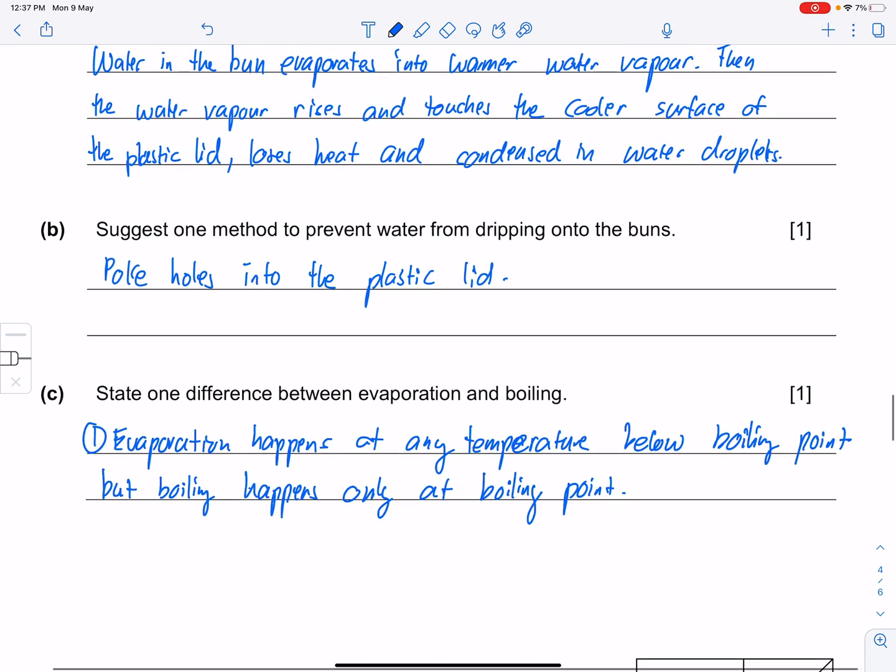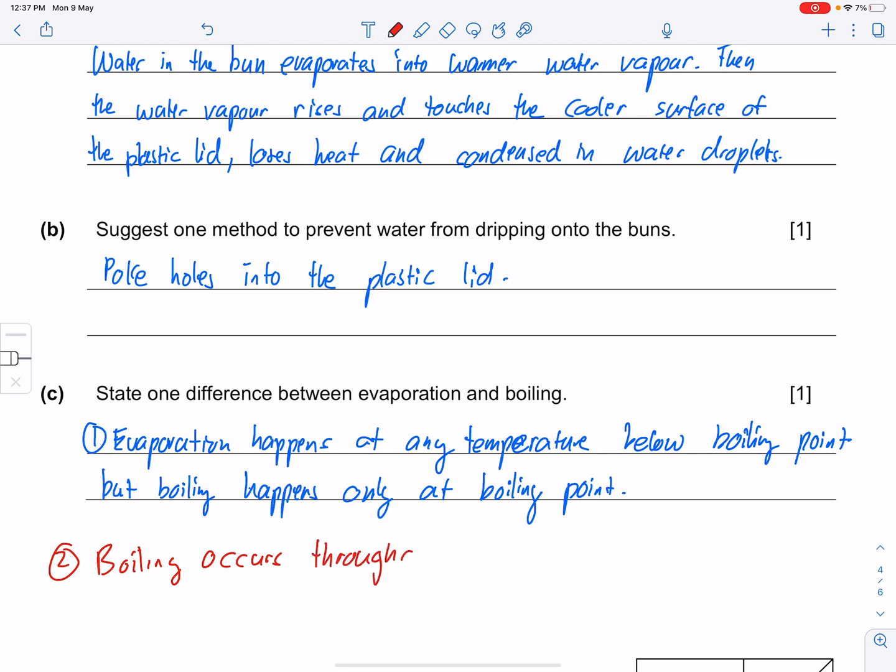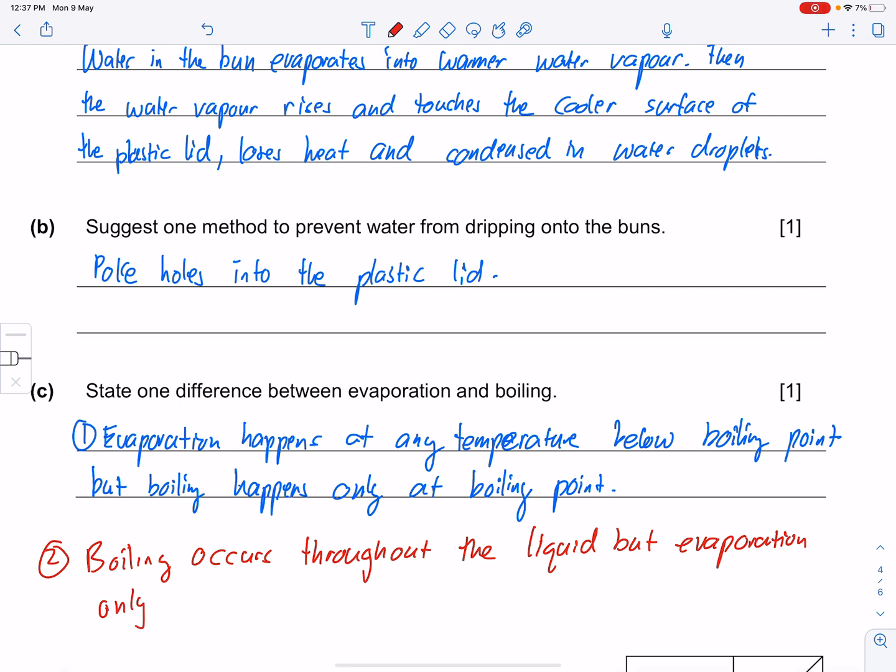Now a second answer would be that boiling occurs throughout the liquid, but evaporation only happens at the surface of the liquid.